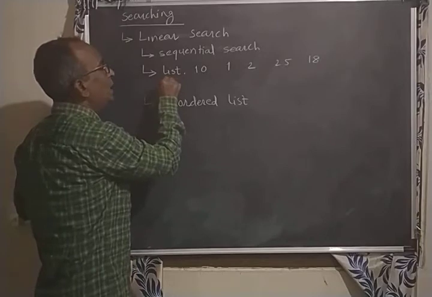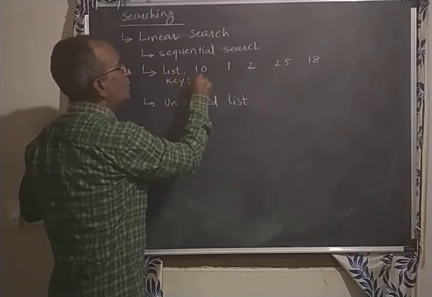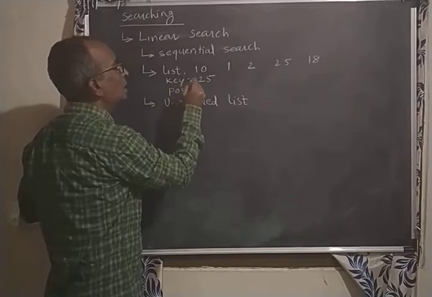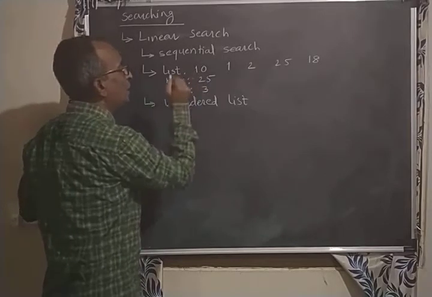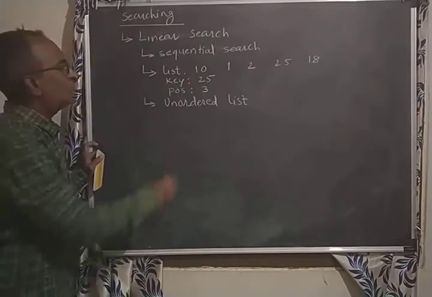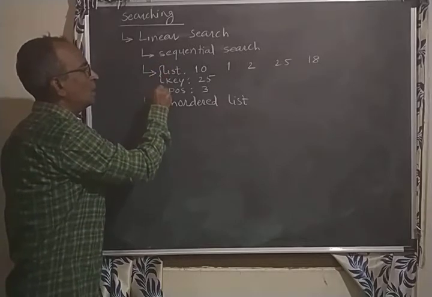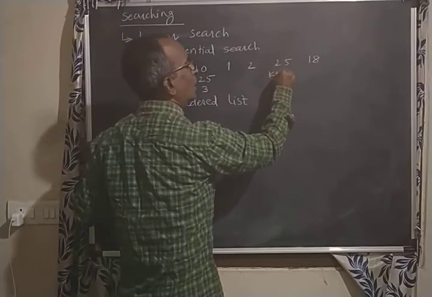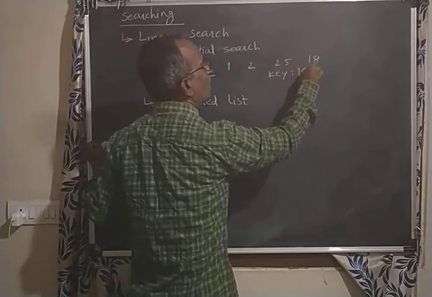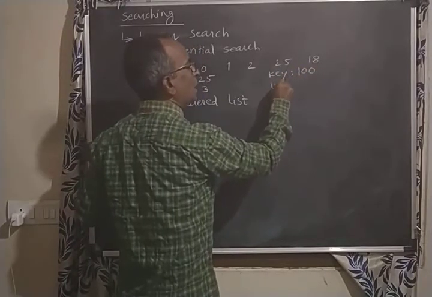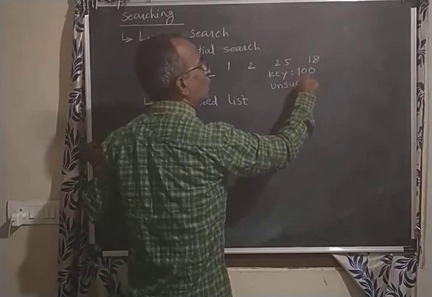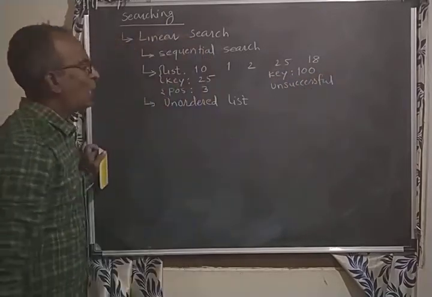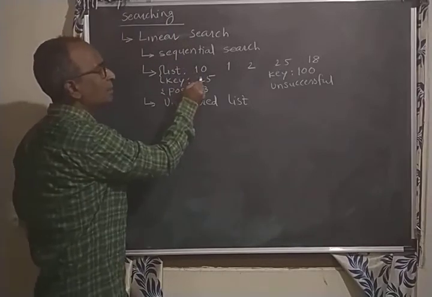Then the key to be found is suppose 25. We are saying that it is successful and the position given is 3 here. These are inputs, these are outputs. If you are searching for the key, suppose 100, then that element is not present, so we'll get unsuccessful.